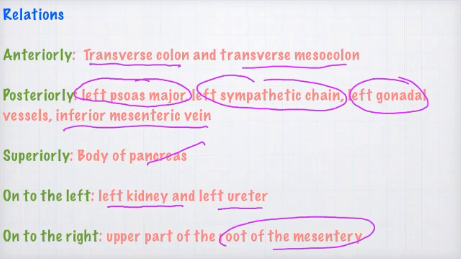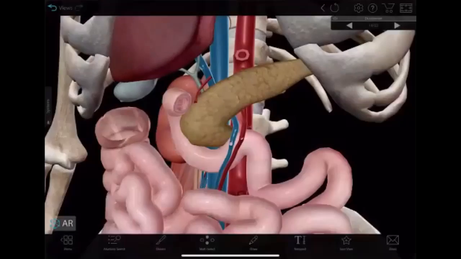So this is the aorta. So you can clearly see the red left kidney, left ureter, that is the inferior mesenteric vein, right?